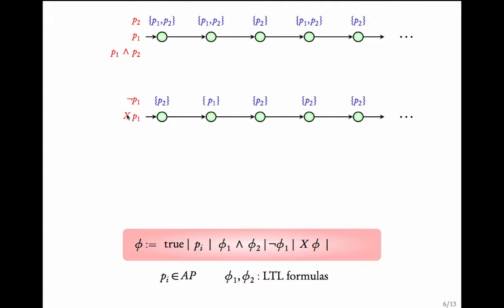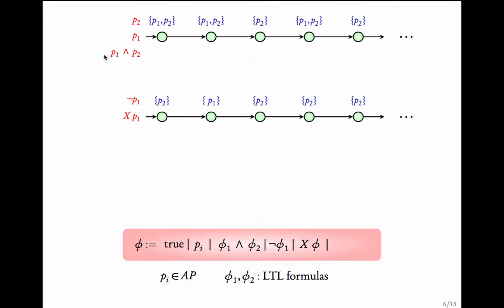For example, here X p1 is true on this word because the next letter contains p1. Normally in CS we count from 0, right? So this is position 0 and this is position 1. So X of p1 is true if position number 1 contains p1. Here X of p1 and p2 is true.